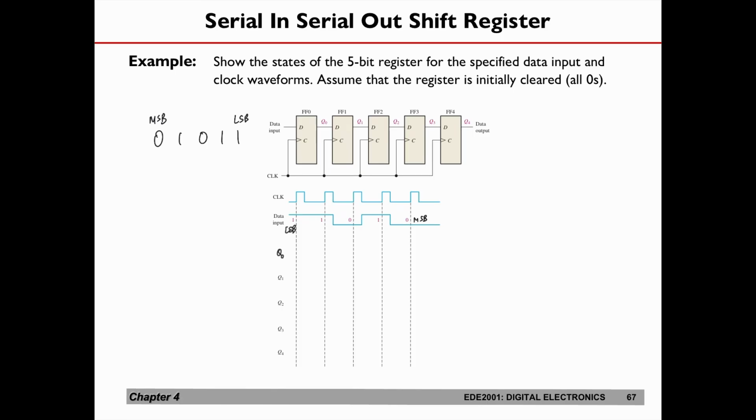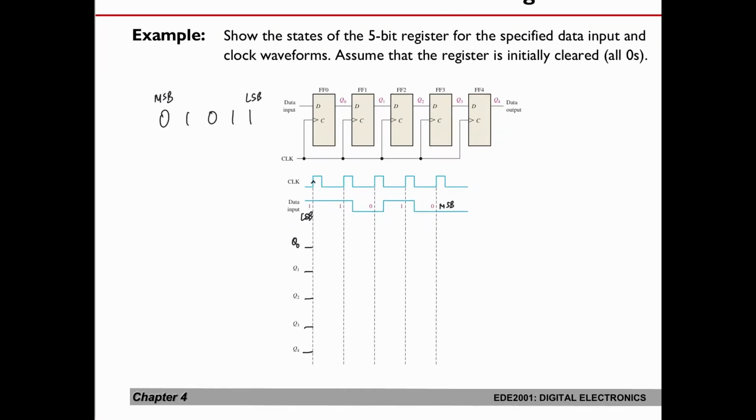Now imagine that this 5-bit register was reset at the very beginning, so all the outputs of the flip-flops are going to be zeros initially. At the first clock cycle, the data input is a 1, so after the flip-flop processes this, the output Q0 will be a 1. Imagine that the propagation delay of the flip-flop is negligible.